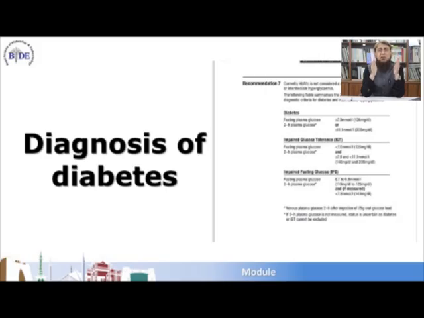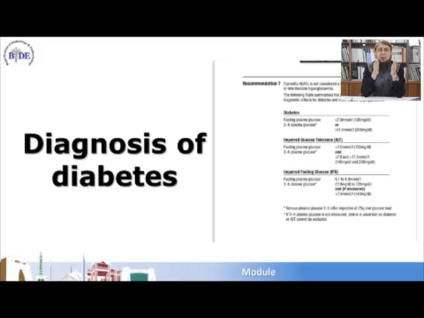Here I want to emphasize that in the fasting state, if the blood glucose level is between 110 and 125, it is considered impaired fasting glucose, and less than 110 is considered normal as per the WHO guidelines. The IDF, International Diabetes Federation, says 100, but we do not want to be in conflict. The WHO criteria is well accepted in Pakistan.